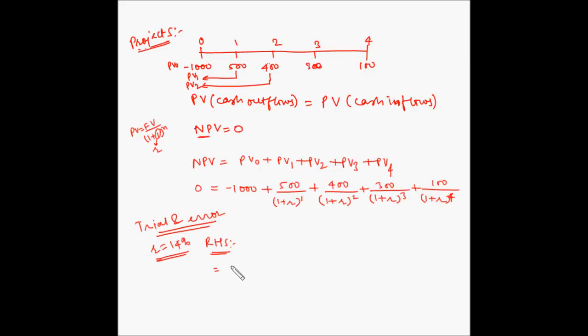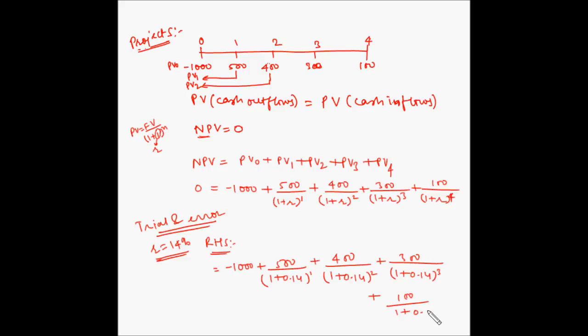So right hand side is equal to minus 1000 plus 500 divided by 1 plus 0.14 to the power 1 plus 400 divided by 1 plus 0.14 square plus 300 divided by 1 plus 0.14 cube plus 100 divided by 1 plus 0.14 to the power 4.